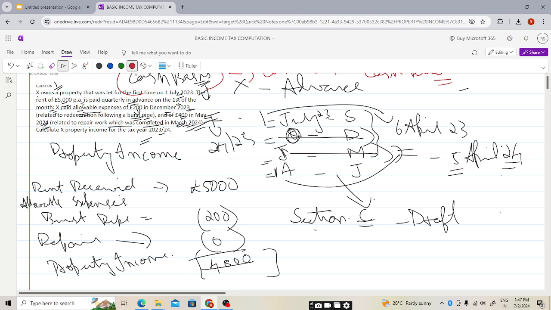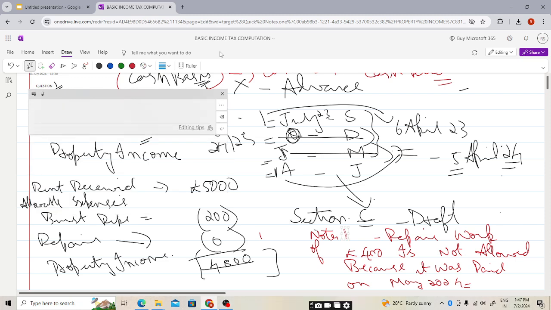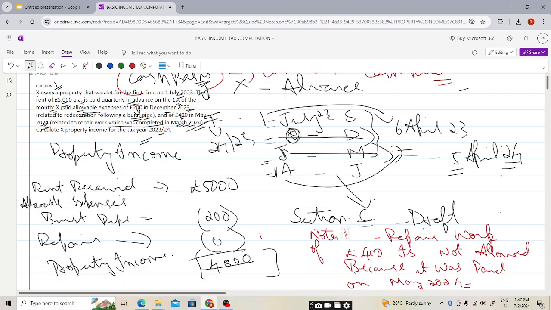But the key is that now this repair is disallowed, so you need to mention note number 1, that the repair work of 400 is not allowed because it was paid in May 2024, which does not pertain to this time, but the amount is related to this year. Clear with this?